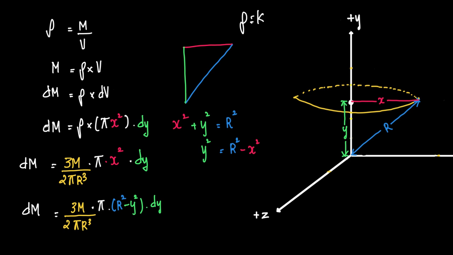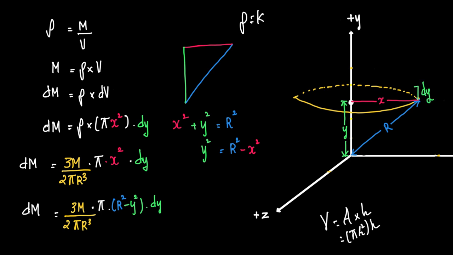Volume is area into height. Area is the circular area, which is pi r square, and therefore this becomes the volume of a cylinder, pi r square into h. Here r is x, and the height is this thickness, which we earlier said to be dy.